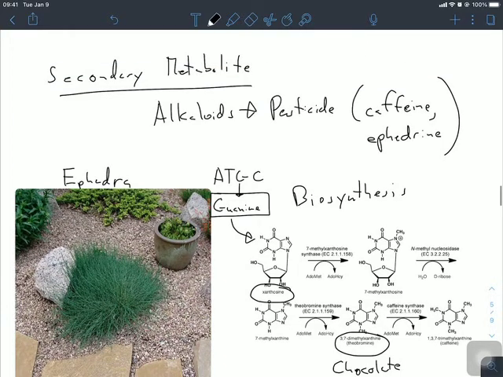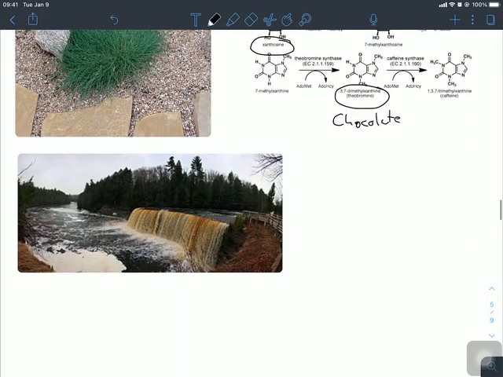So alkaloids are commonly used as pesticides in plants, secondary metabolites. And the other secondary metabolite that you will be very familiar with, particularly at this beautiful falls in Michigan, are tannins. Molecules that are used for protection against herbivores and also stain water brown.